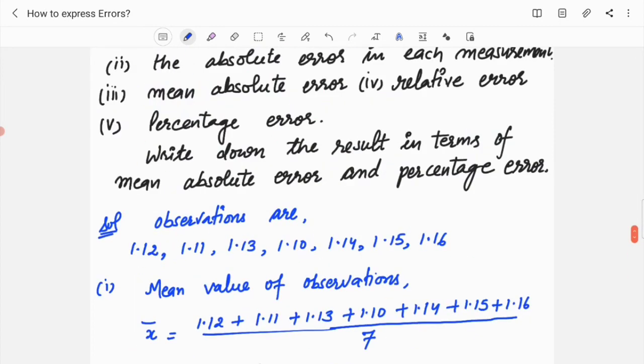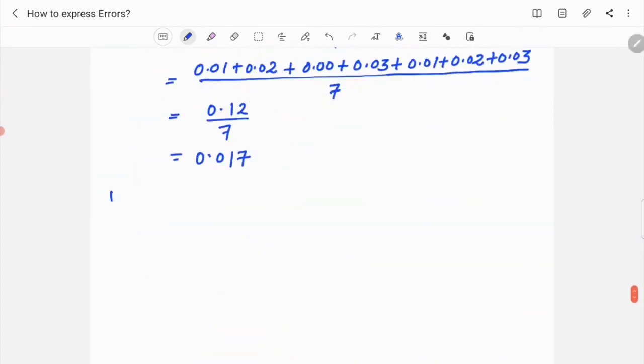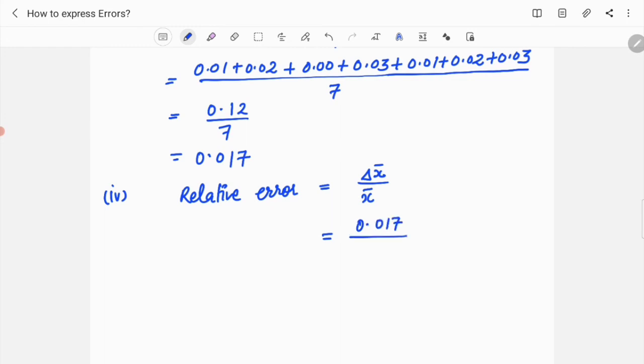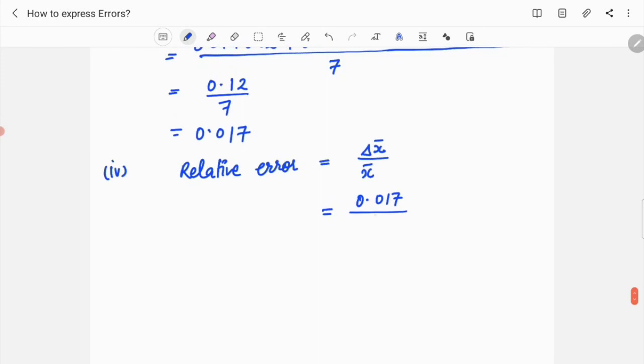Now what we have to calculate are the relative error and percentage error. The fourth part is relative error. The relative error is equal to delta x bar over x bar, that is, mean absolute error over mean value. The mean absolute error is 0.017 and the mean value was 1.13, and it will be 0.015.